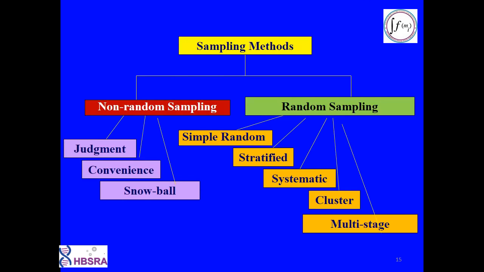So you have to pay good attention to sampling. Sampling methods we mainly divide into two parts, non-random and random sampling. Random sampling techniques are simple random, stratified, systematic, cluster and multistage. Whereas the non-random sampling includes judgment sampling or purposive sampling, convenience sampling, snowball sampling and even quota sampling.